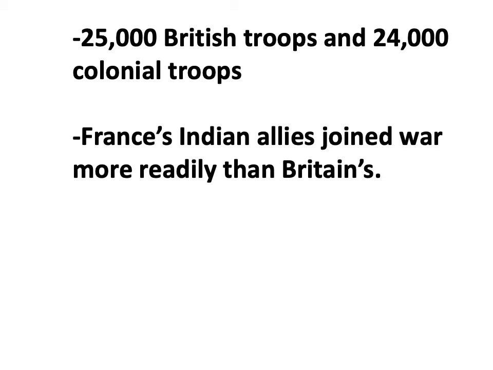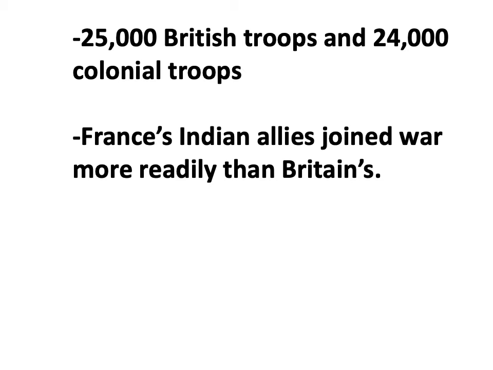And then there were 24,000 British colonists who fought side by side with the British against the French and their Indian allies. So we had 24,000 colonial troops, so roughly 50,000 men under arms. And they had some Indian allies assisting the British.